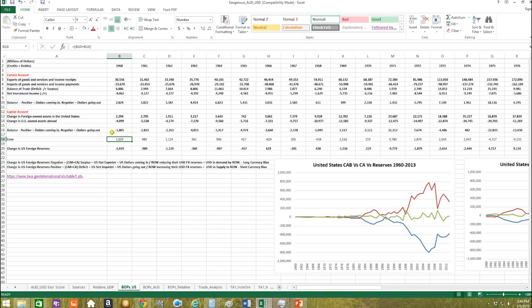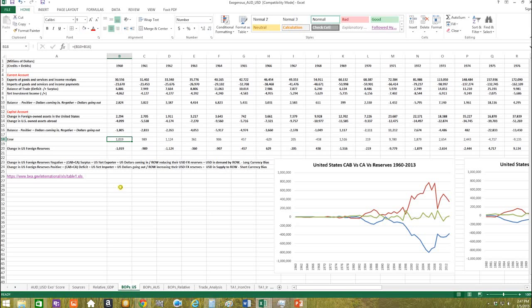Now, if this is the error between the current account balance and the capital account, and the error is positive, the US is a net exporter, the dollars are coming in by this amount, and the rest of the world is reducing US dollars by this amount.